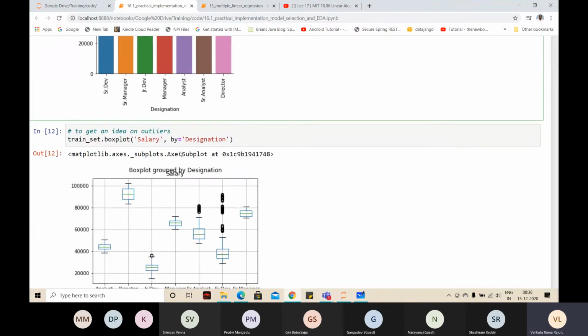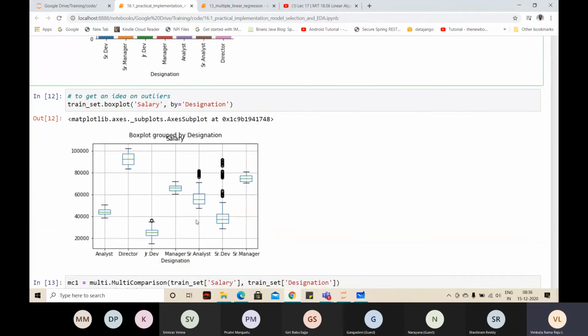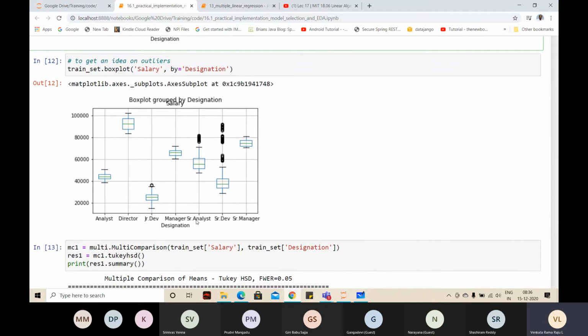But we can also do a box plot, which shows outliers too. We are trying to consolidate everything we have learned so far on the synthetic salary prediction data set. Box plot, salary is the Y value by designation.